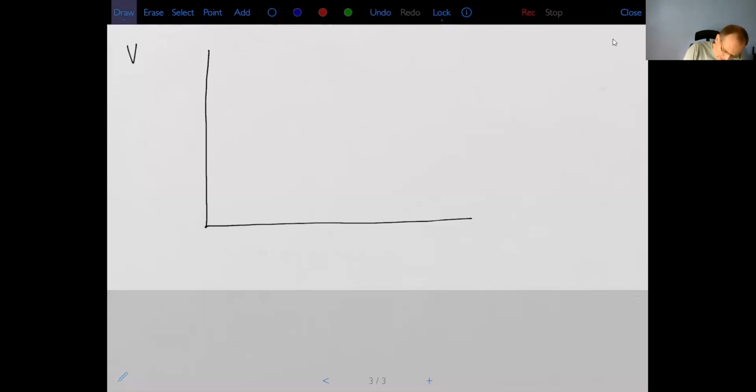So I have velocity. This could be centimeters per second or meters per second. I'll just use centimeters per second versus time in seconds. And we're going to assume that it's linear.